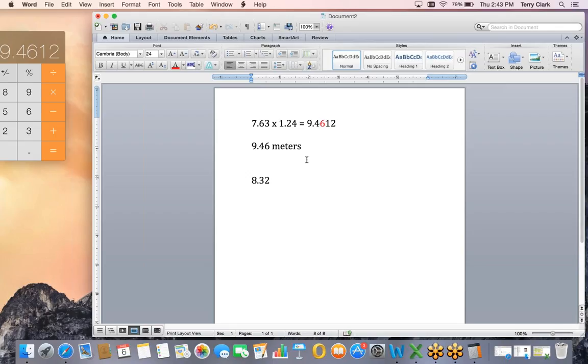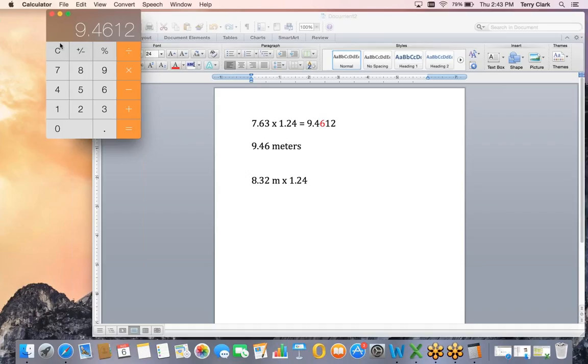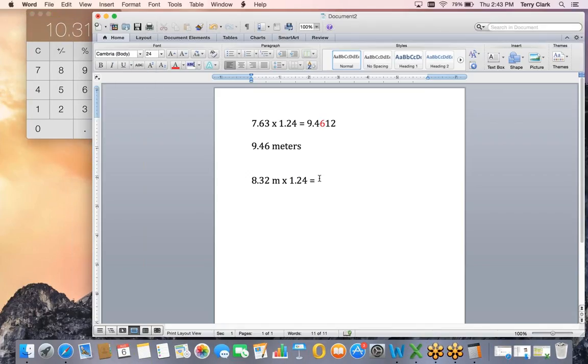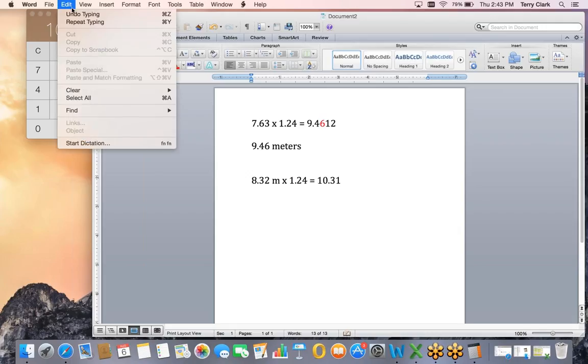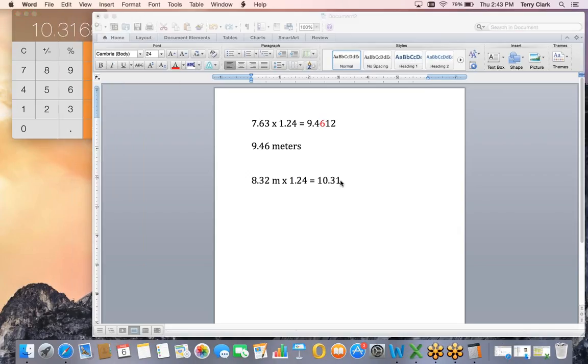So that 8.32 meters is going to get multiplied by 1.24, and 8.32 times 1.24 is going to give us 10.3168.